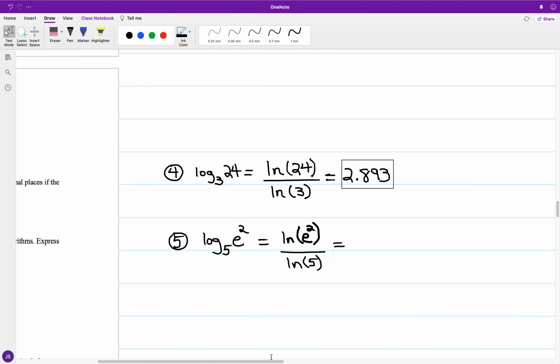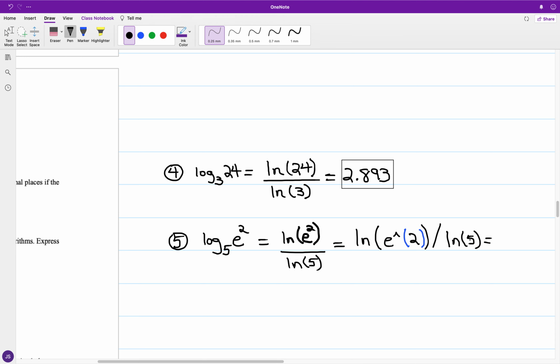So I got the natural logarithm of e squared. So I got the natural logarithm of e, we have 2 to the second, divided by the natural logarithm of 5.